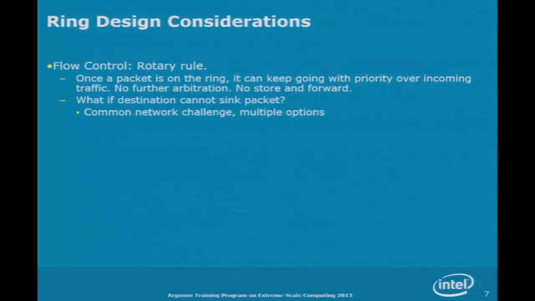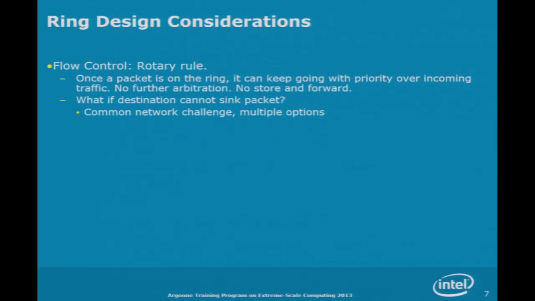So you could leave it on the ring and hope that the next time it comes around, there is room in the buffers to sink it. That actually is not an unreasonable request. It's not a great method because presumably you couldn't sink the message because there was congestion, and now you're adding to congestion to deal with the congestion.